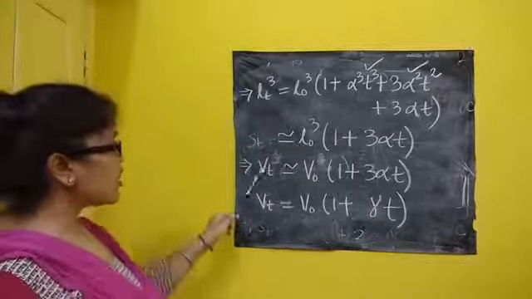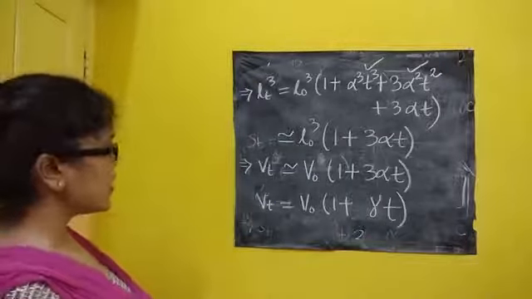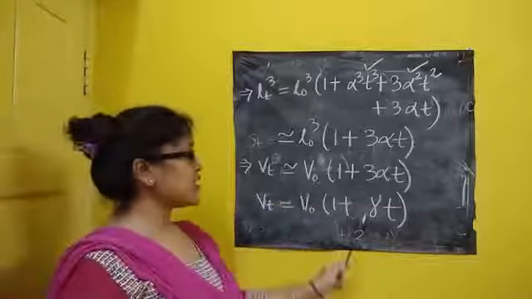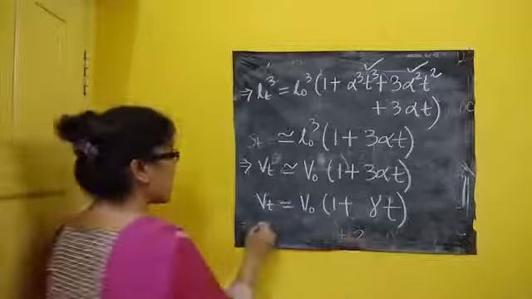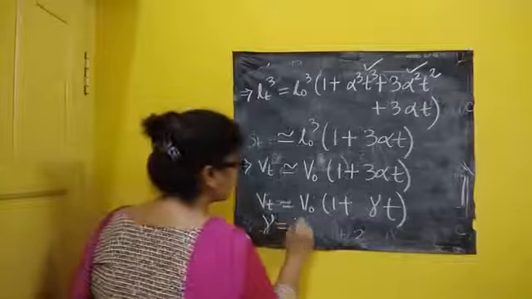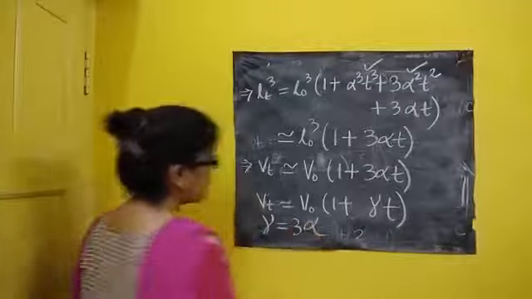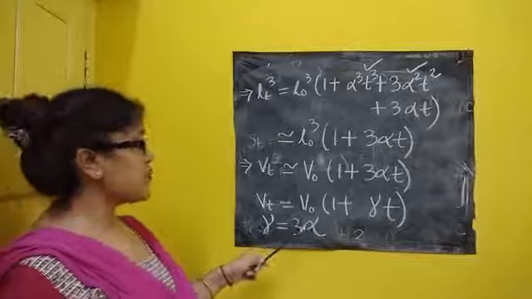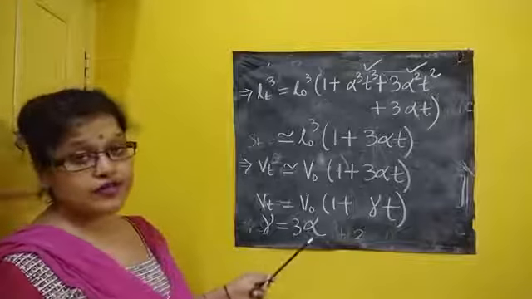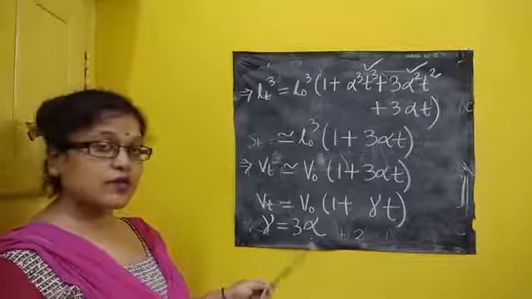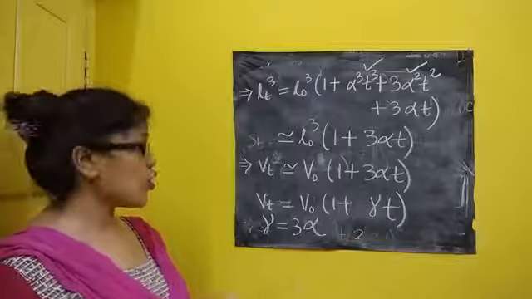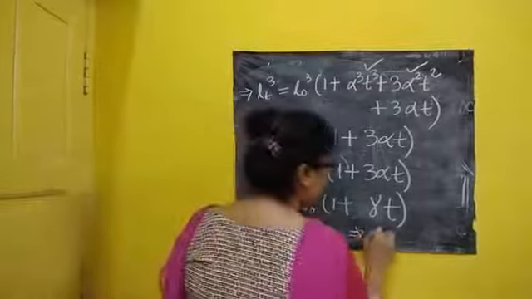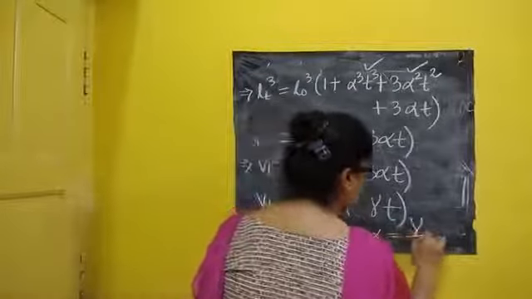So if I compare these two, Vt, V0, 1, 3 alpha t, gamma t, gamma equals thrice alpha. Means if alpha is 10%, gamma will change by 30% of its initial value. Clear? Volume expansion will be more. So alpha can be written as gamma by 3.